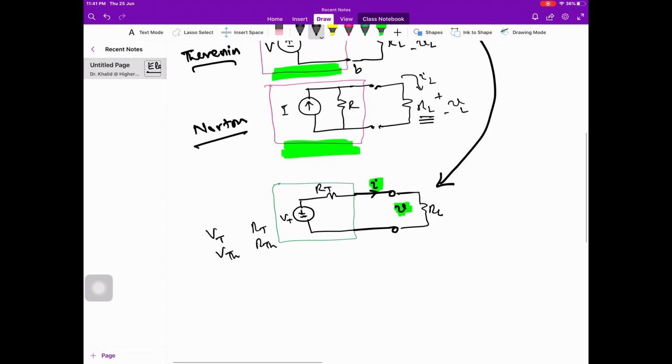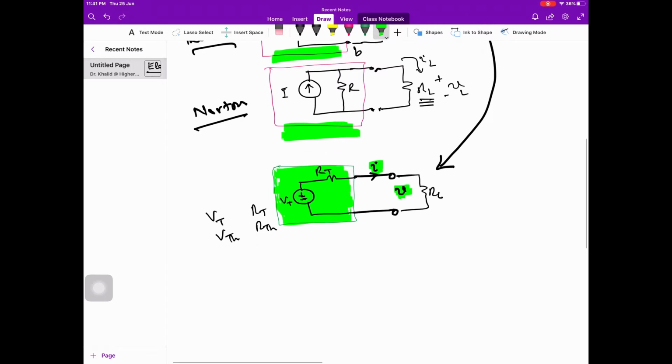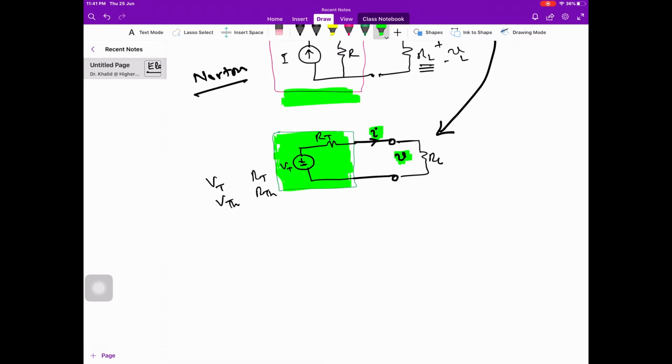So only two elements in it. Or we can find its Norton equivalent over here, I Norton, and a parallel resistance. This is R Norton.